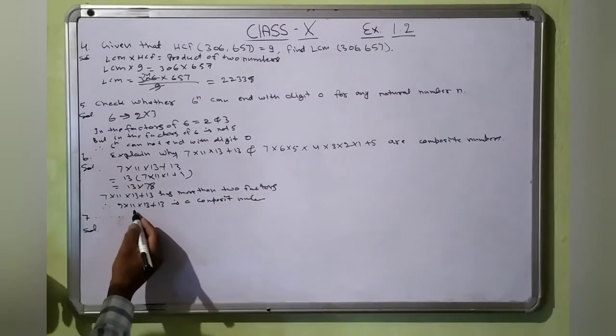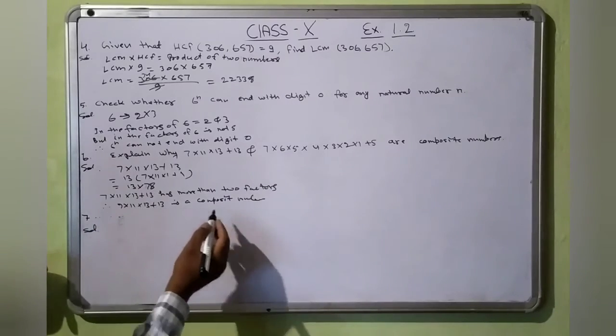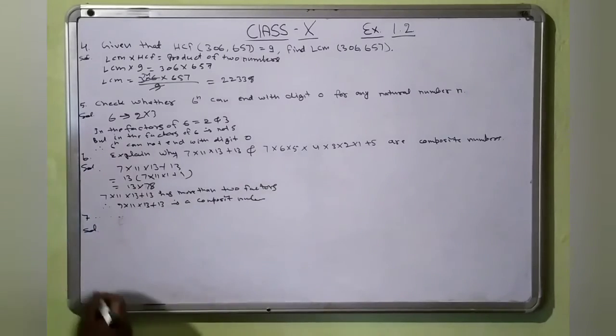So 7 multiply 11 multiply 13 plus 13 is a composite number.